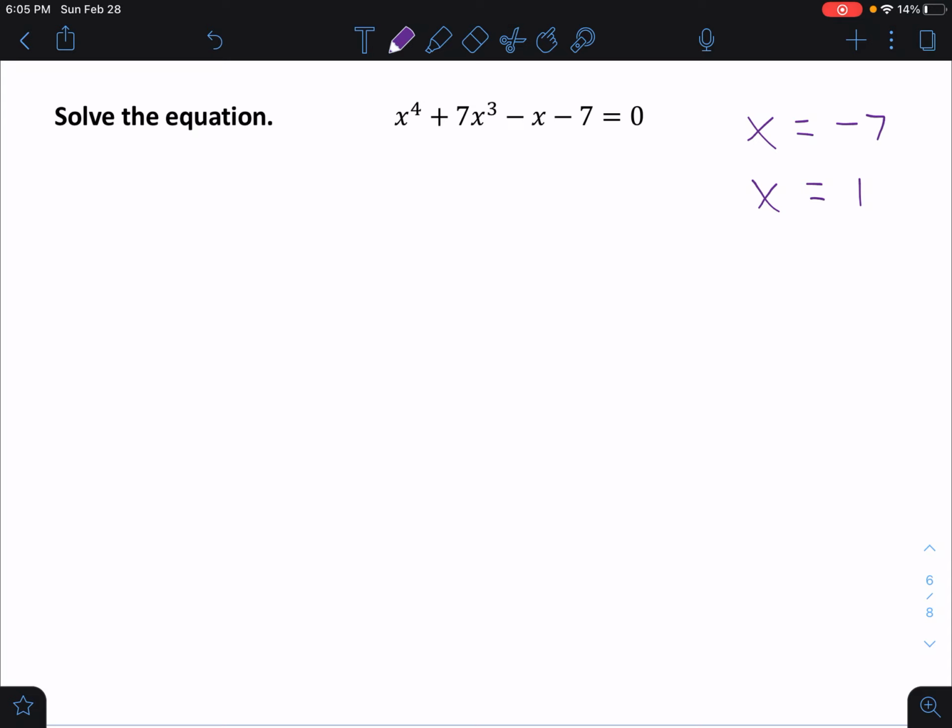Okay, so now we're going to use our skills here. I'm going to start with -7. Now this one you have to be careful. There's no x squared term, so I'm going to need a placeholder. I've got 1, 7, 0, -1, and -7. Okay, bring my 1 down.